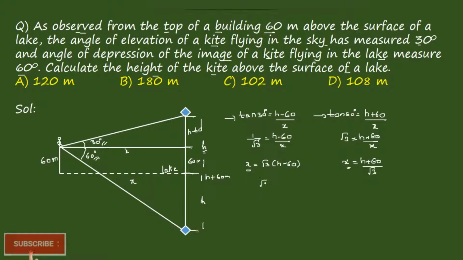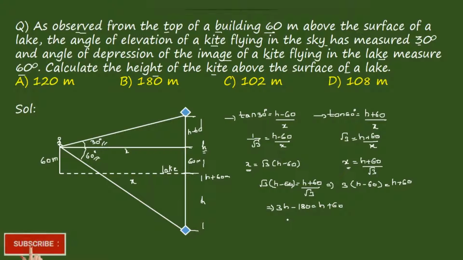Then you get root 3 into h minus 60 is equal to h plus 60 by root 3. Root 3 into root 3 is 3. It becomes 3 into h minus 60 is equal to h plus 60, right? It becomes 3h minus 180 is equal to h plus 60.